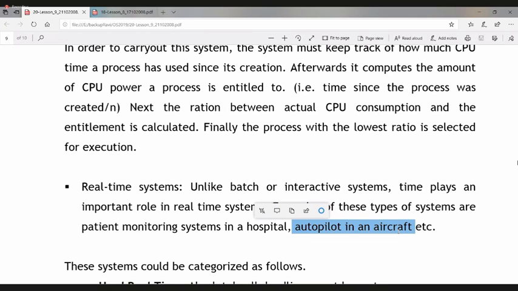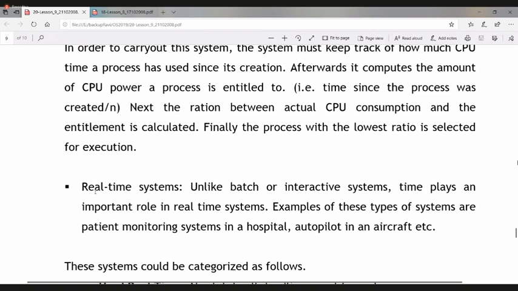So you must act in real time when there's a problem. You can't give excuses, right? Like in ICU, when there's a heart failure or something, you must act quickly. No excuse.